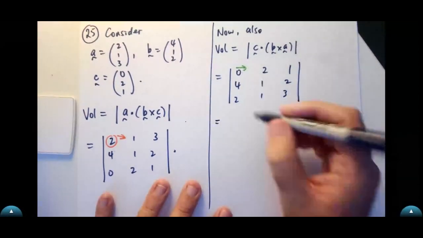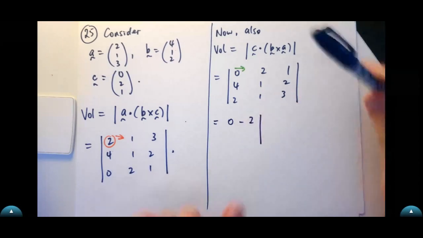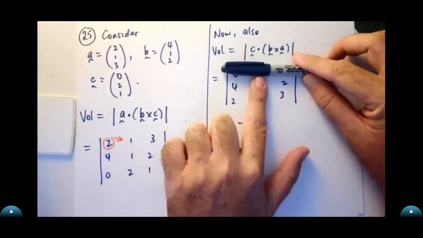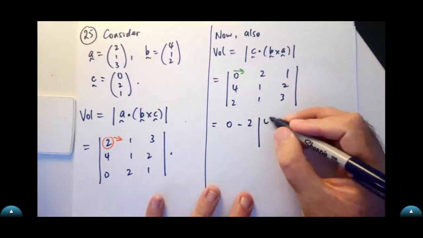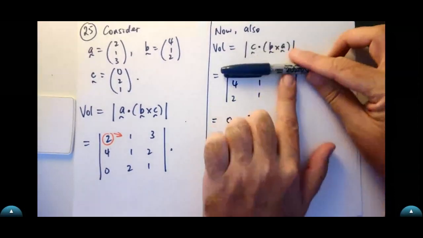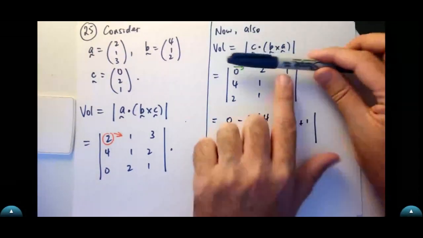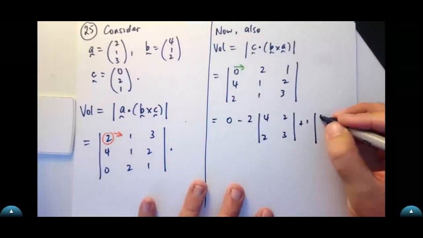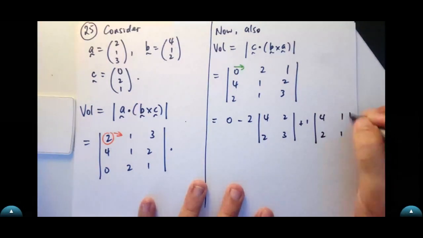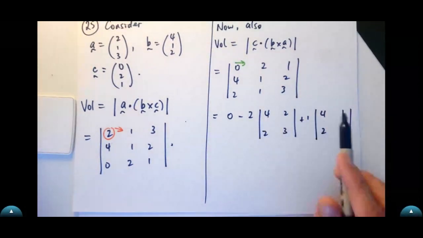So the first thing is 0. You change the sign, so cover that up. 4, 2, 2, 3. 1 times that determinant. 4, 1, 2, 1. So that's easy. This is easy to work out.